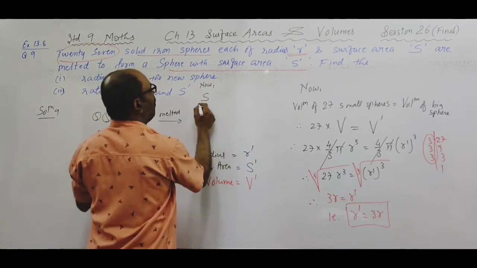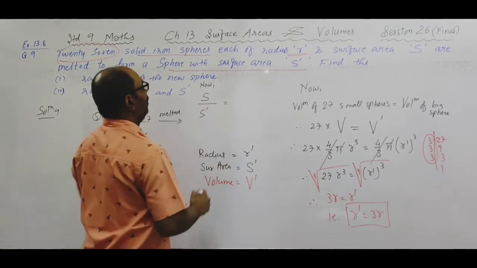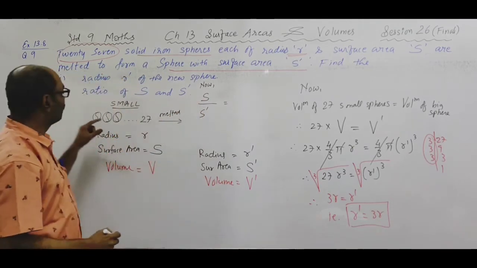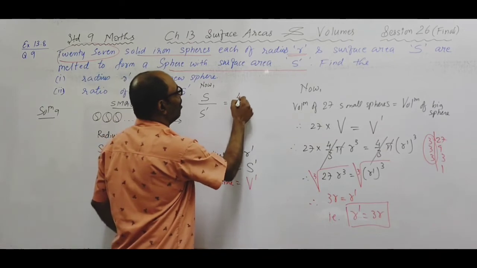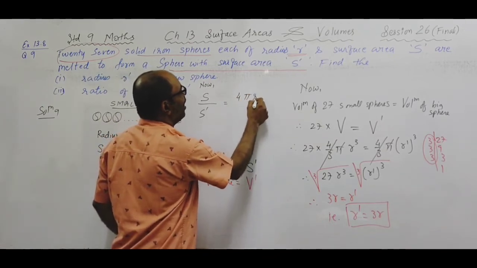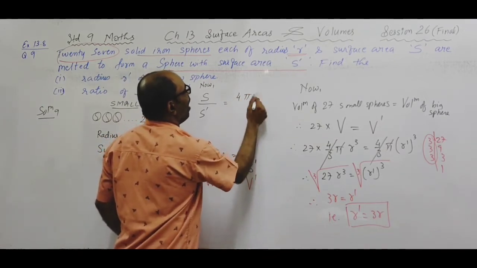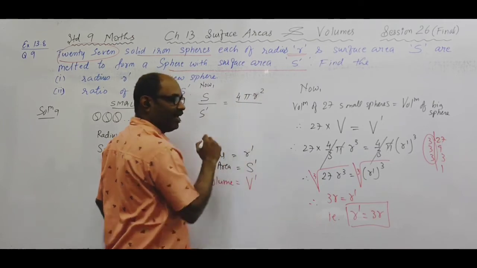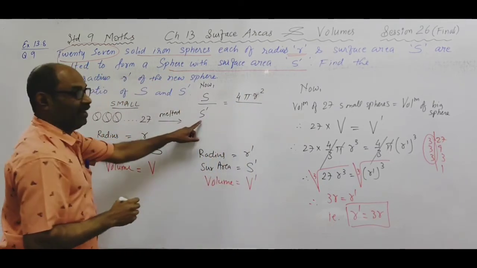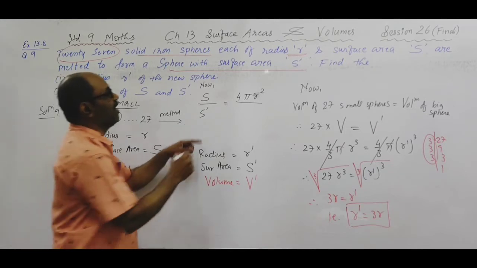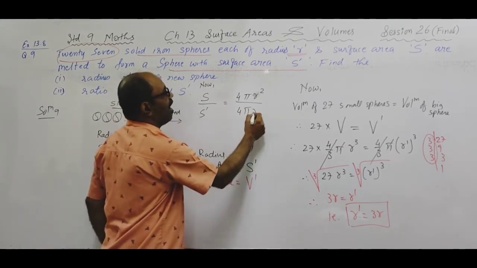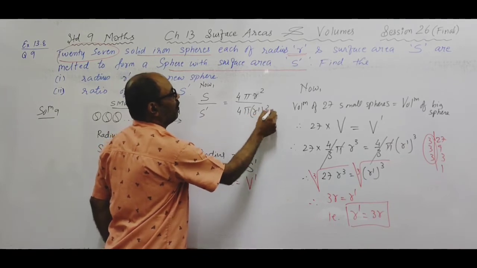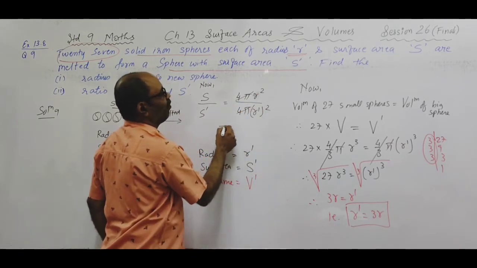Surface area of the small sphere, tell me the formula: 4 pi r square, its radius is r. And surface area of the new sphere, S dash, is 4 pi r square, but its radius is r dash, so I'll write r dash square.